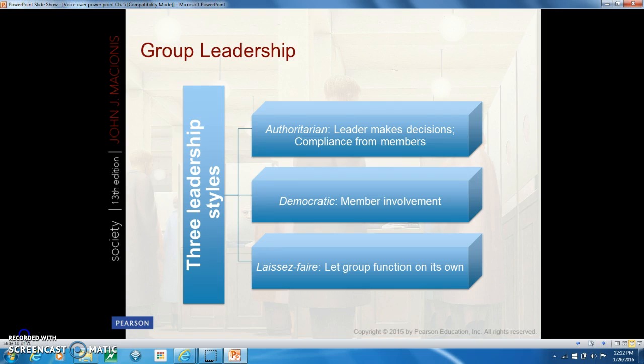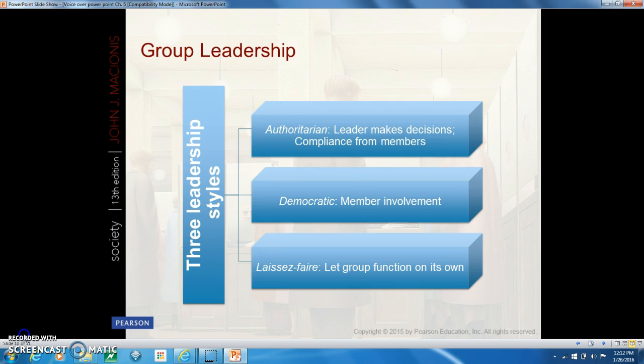And there are three different types of leadership styles. We've got the authoritarian leadership, which focuses on instrumental concerns. They take personal charge of decision making. They demand strict compliance from their subordinates. These are those that you probably don't like to work with, but you can certainly appreciate them in a time of crisis.